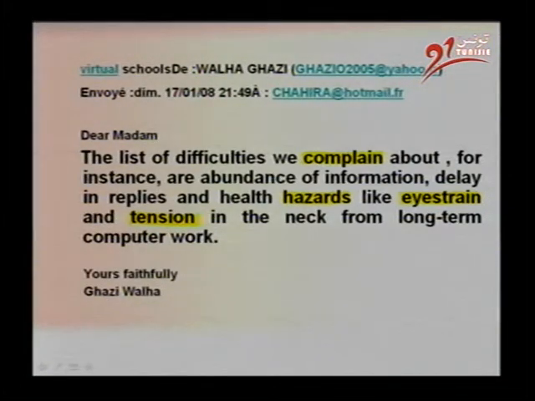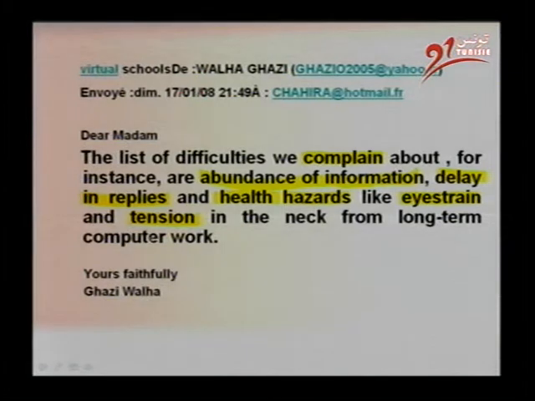And what about the justification he used? He said, for instance, which means he's going to give some examples. Abundance of information. The second one is delay in replies and health hazards. And he gave some examples of hazards, and he relies on another word to give some examples, like eye strain and tension.